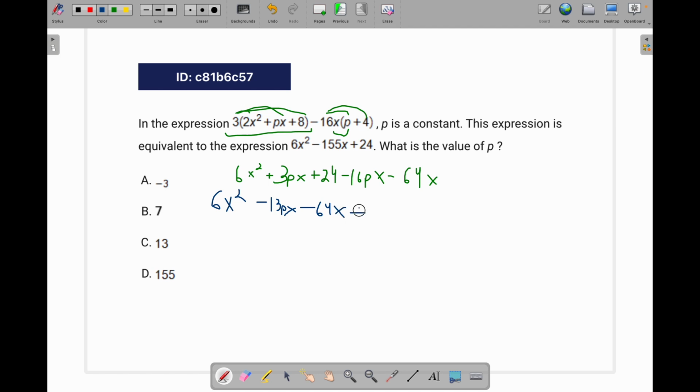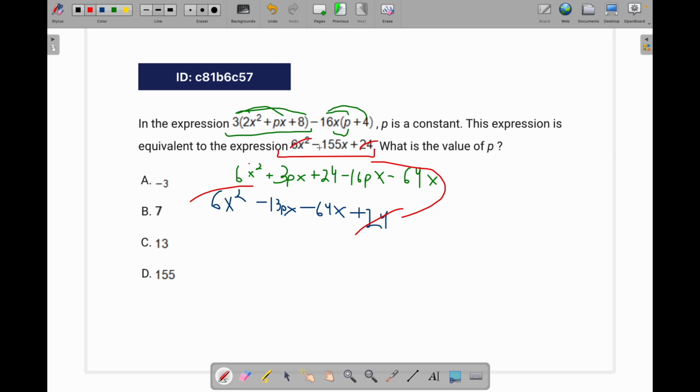And we'll see that this is going to be equal to what we underline in red right here. Now, instead of rewriting it all, we can just see when you set this equal to this, the 24s are going to cancel out. And you're going to be left with negative 13px minus 64x is equal to negative 155.